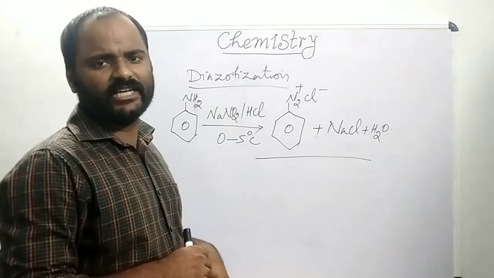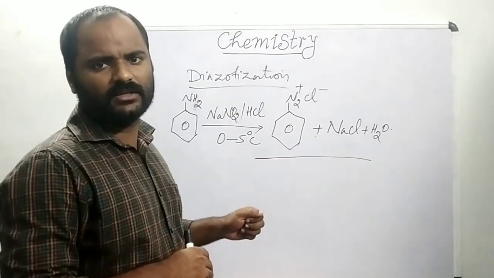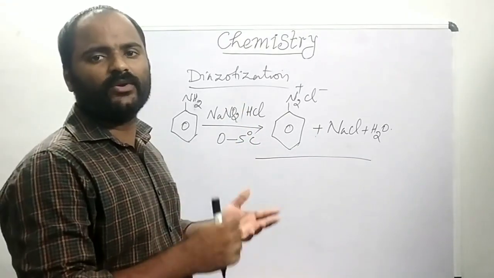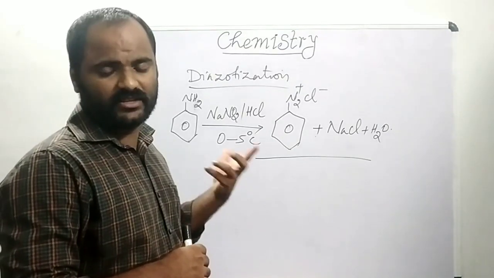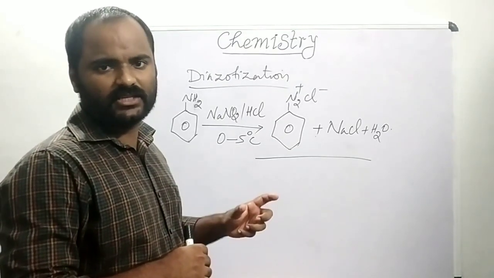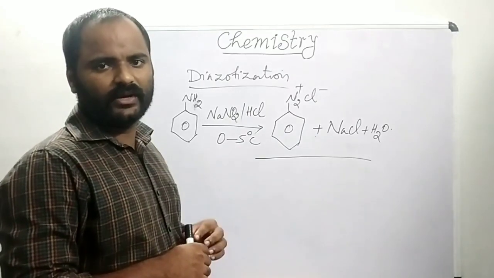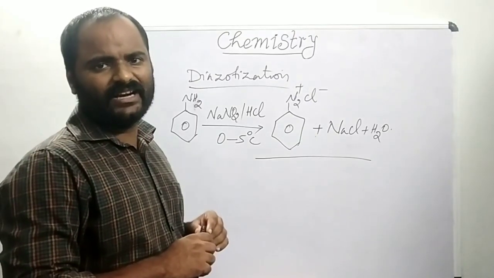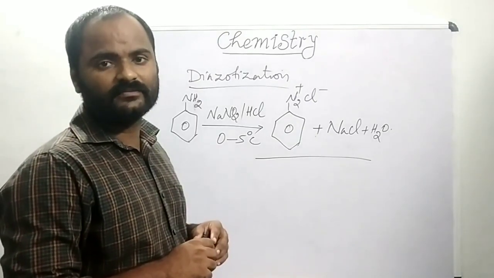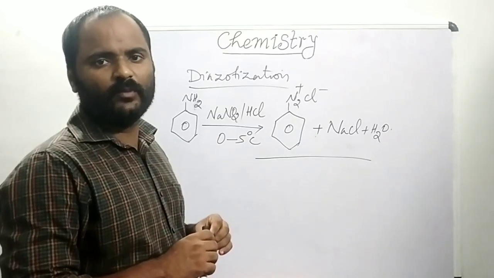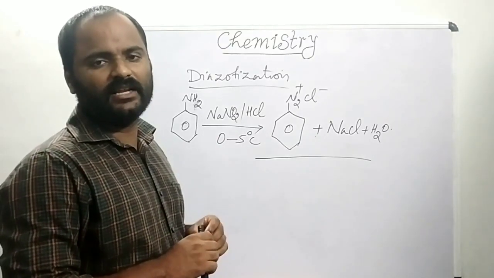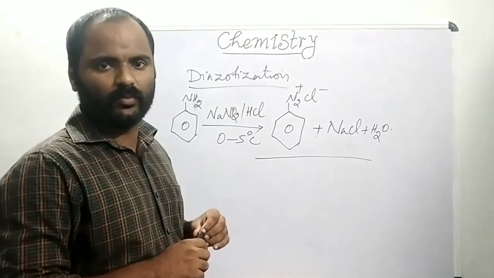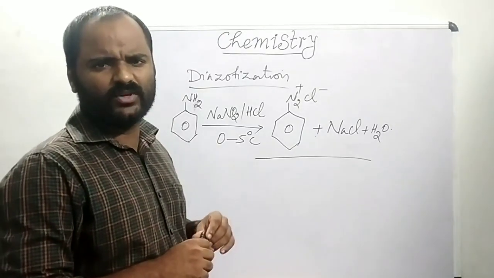Then we discussed what a diazonium salt is, how to prepare it, and what the diazotization reaction is. The main important point today is why aniline does not undergo Friedel-Crafts reaction: aniline forms salts with aluminium chloride, the nitrogen gets a positive charge and it acts as a deactivating group. That is the reason. So that is all about today's session.